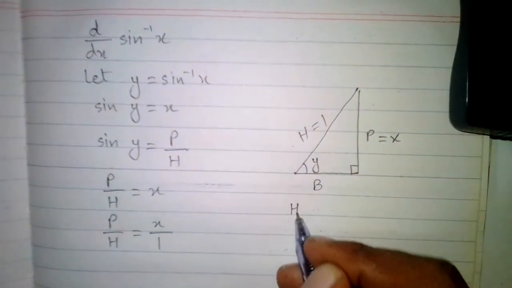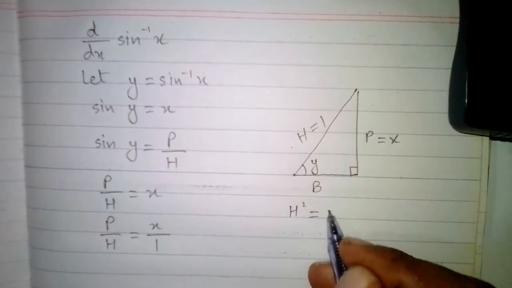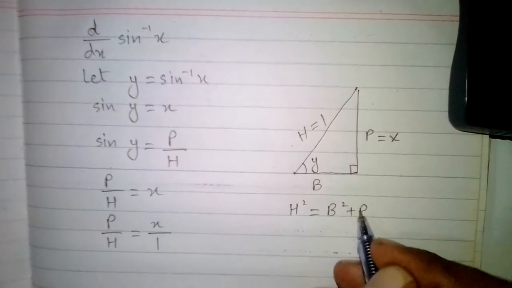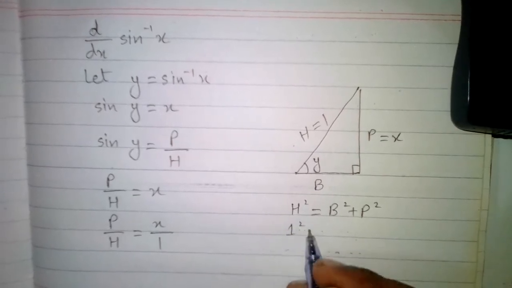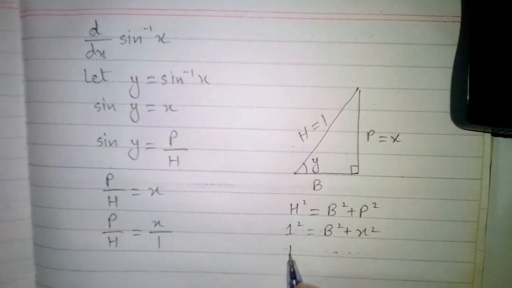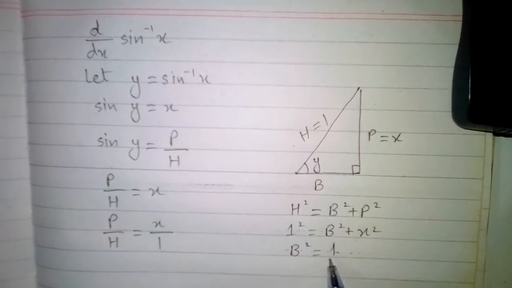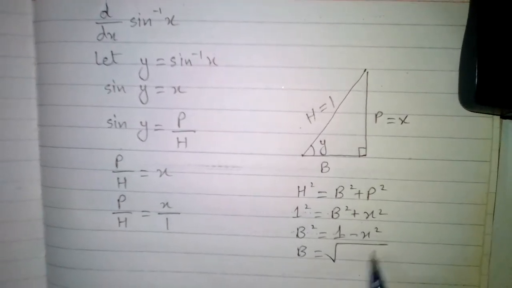Now we will apply the Pythagoras theorem, which is hypotenuse square is equal to base square plus perpendicular square. So we have 1 square is equal to b square plus x square. So b square is equal to 1 minus x square and b is equal to square root of 1 minus x square.